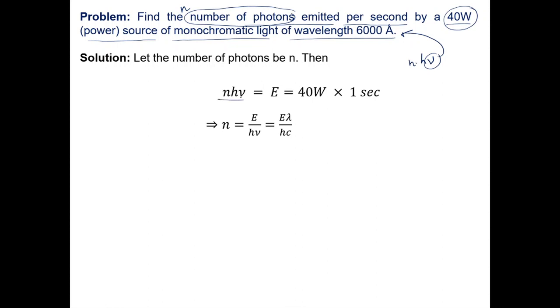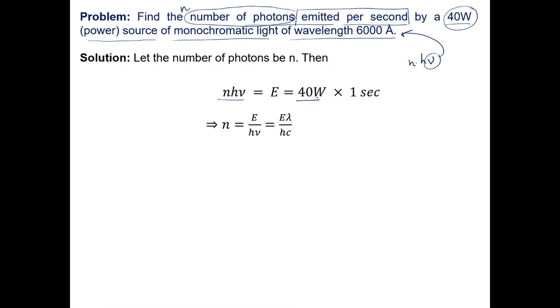Now this is energy. How do we calculate energy from the other side where we have the power source? So that's why you see the term emitted per second, and you know that when you integrate power with time, you get energy. So in this case, we assume that the power source is constant. So the integration is nothing but multiplication with that time.